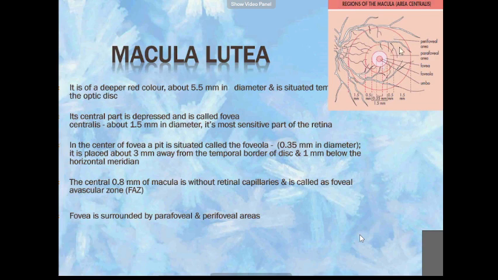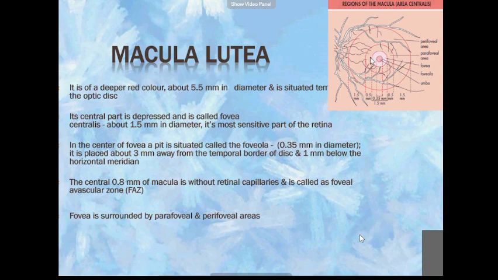Why? Because the vasculature is very high in the posterior pole, because all the rods, cones, everything is concentrated in the posterior pole. So because there is more vasculature, more capillaries, there are more vascular changes because of diabetic retinopathy. Okay. So the central part, a small central 0.8 millimeter inside the macula, is called the foveal avascular zone. This foveal avascular zone is very, very important.